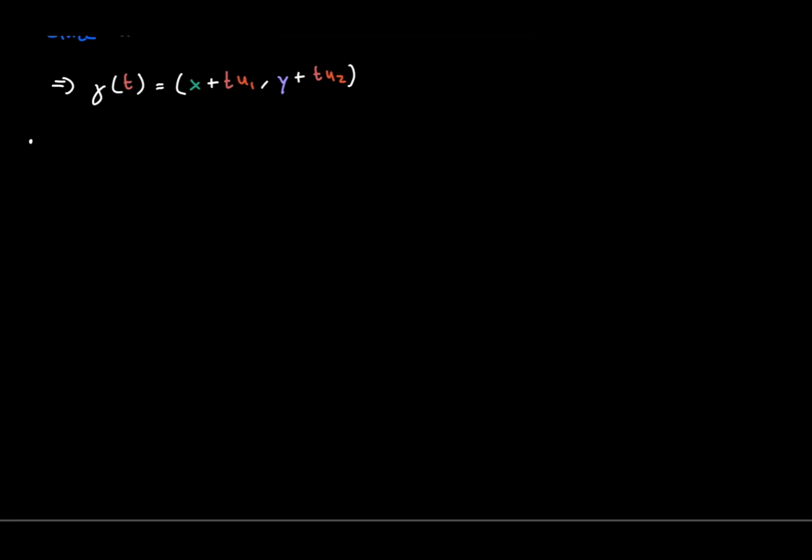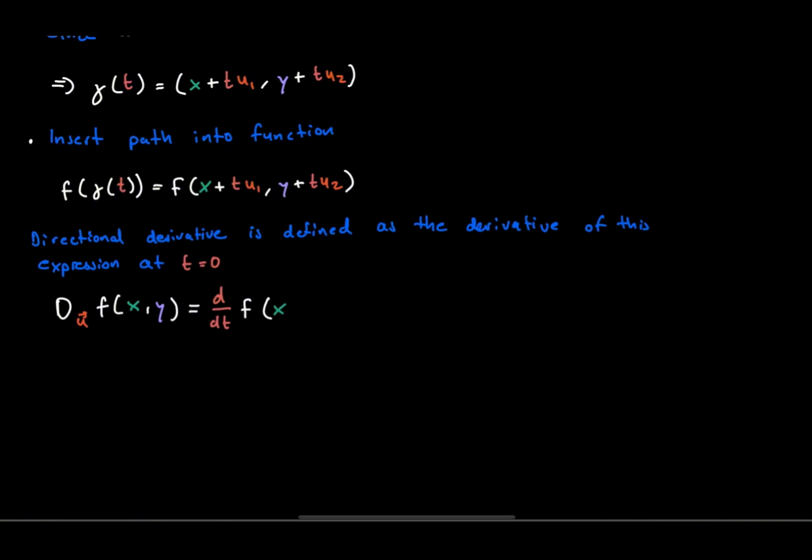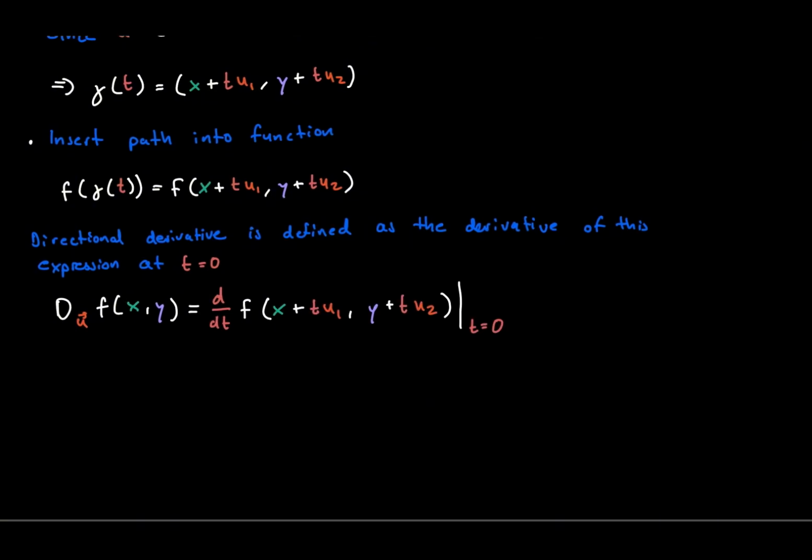Now evaluate the function along this path. We get f of (x plus t u1, y plus t u2). The directional derivative is defined as the derivative of this expression at t equals 0. So we differentiate with respect to t.